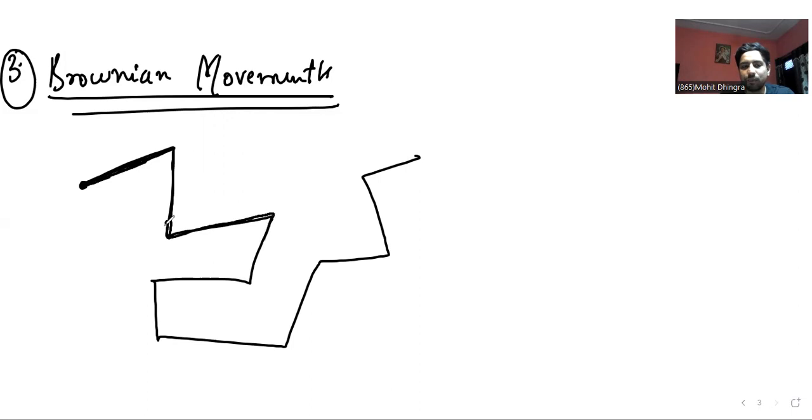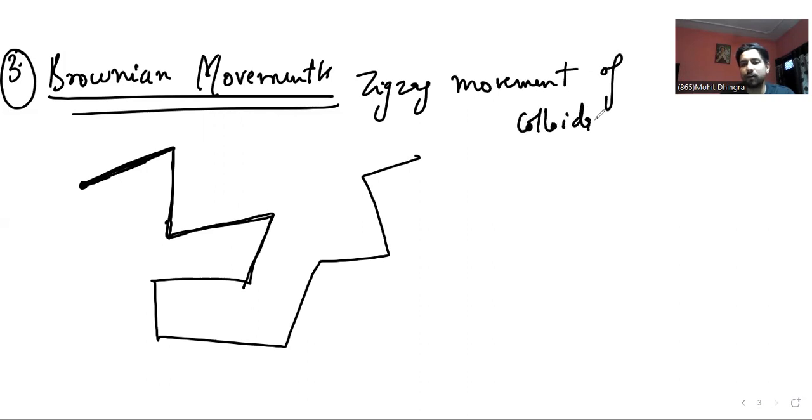That zigzag movement is called Brownian movement, which is shown by the colloidal particles. So this is the third property.